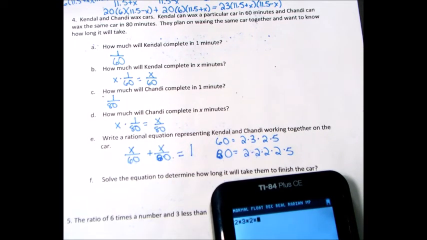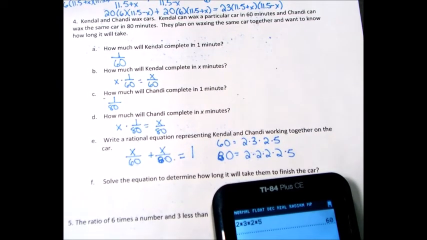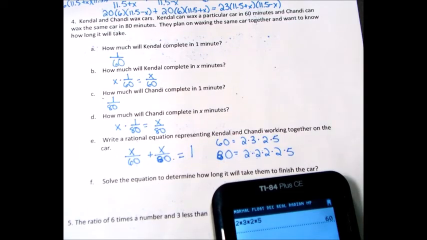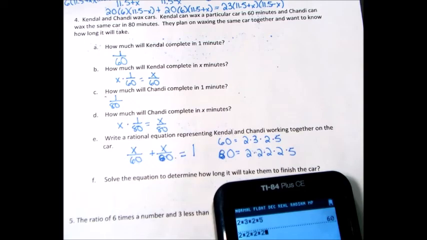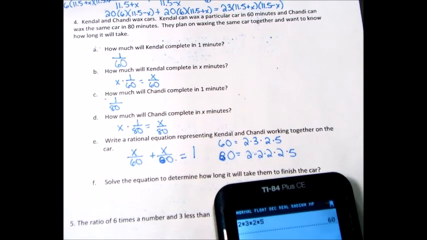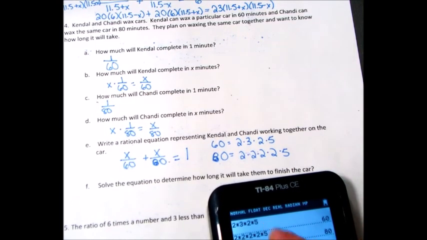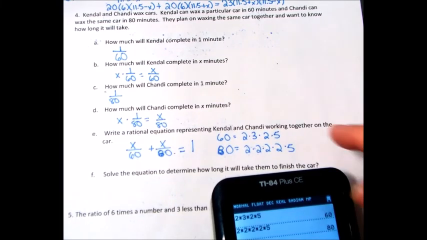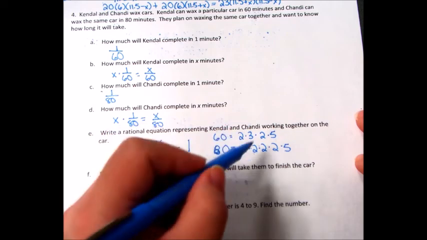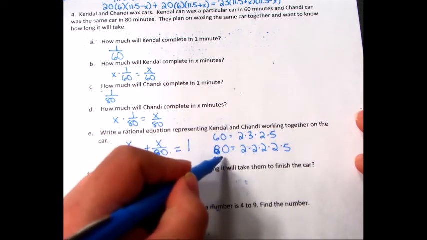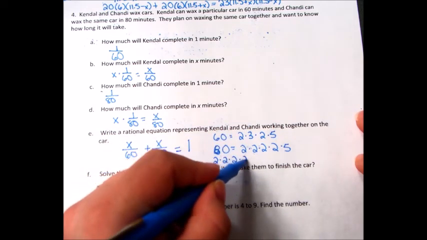And then 2 times 2 times 2 times 2 times 5. So our prime factorizations are correct. Which one has the most amount of 2's? That would be the 80. Which one has the most amount of 3's? The 60. And they both have an equal number of 5's.